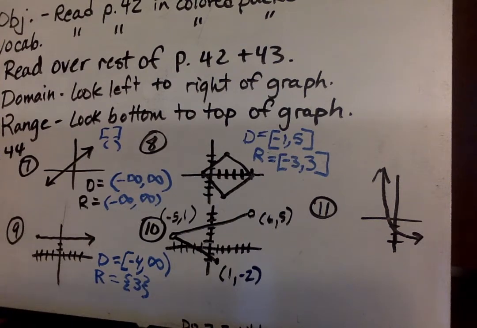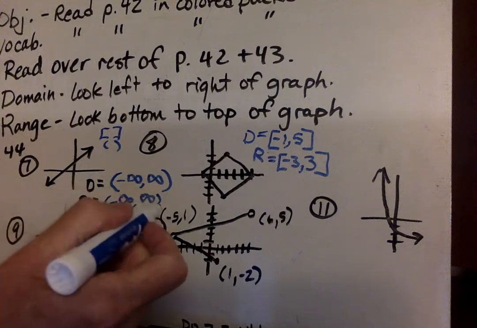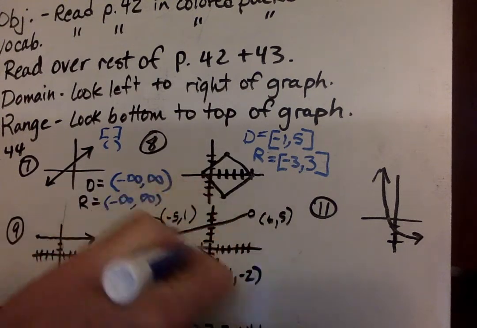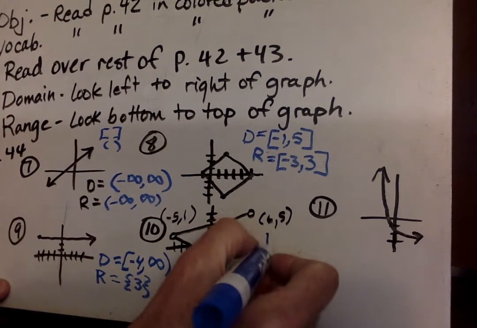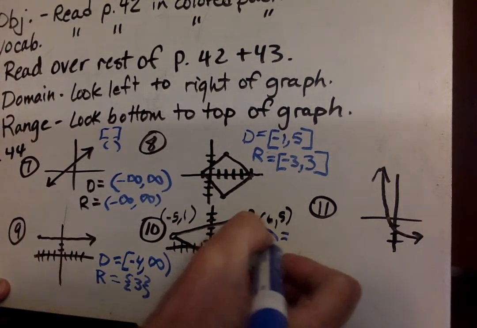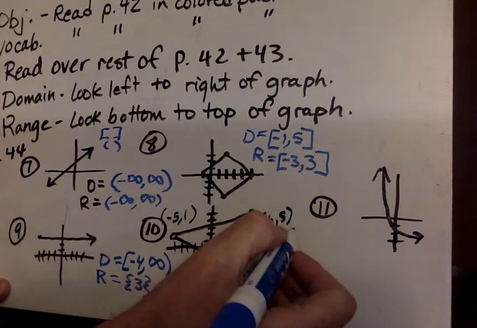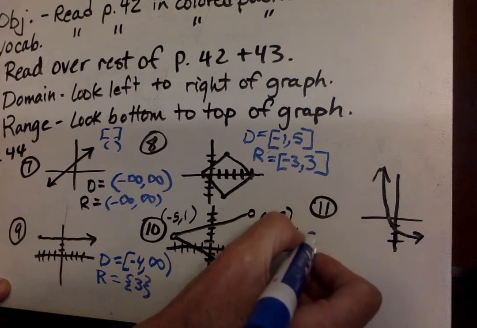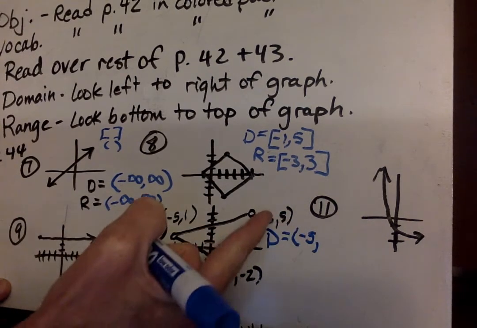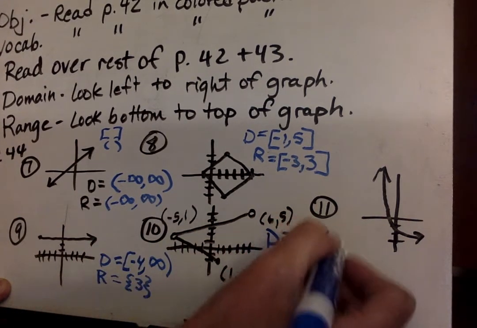Okay, next I'm going to bring in number 10 over here, and I went ahead and put my points where these were at, so it'd be easy for me to tell. If I look from left to right, my lowest number is -5. So for my domain, it's going to be an interval. So -5, it's an open dot, so it doesn't include that. So it's a parenthesis, -5, and it goes all the way up to here, +6.